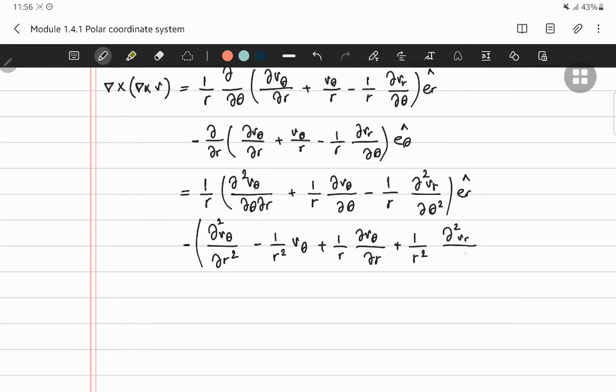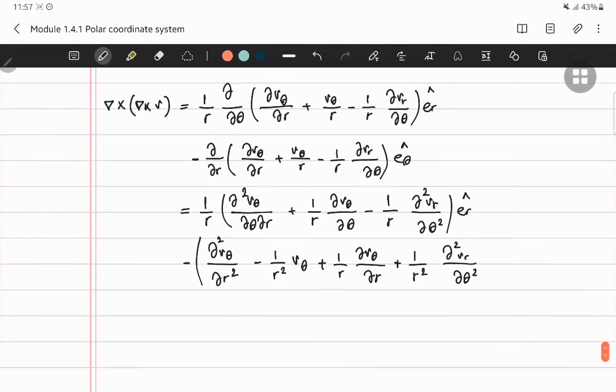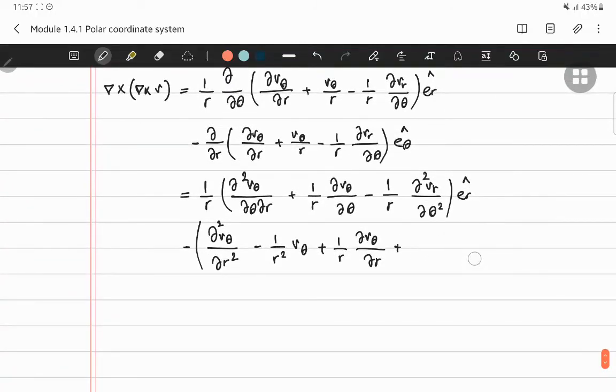No, sorry, I made a mistake. It is this one. So this is minus 1 divided by r, second partial derivative of vr with respect to theta. Great. And now I multiply this minus. So this is minus plus minus plus. So plus this e theta.